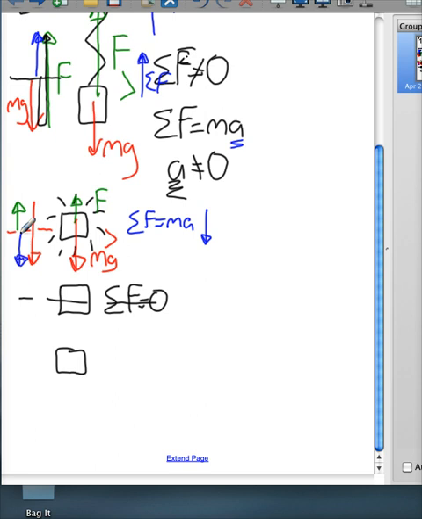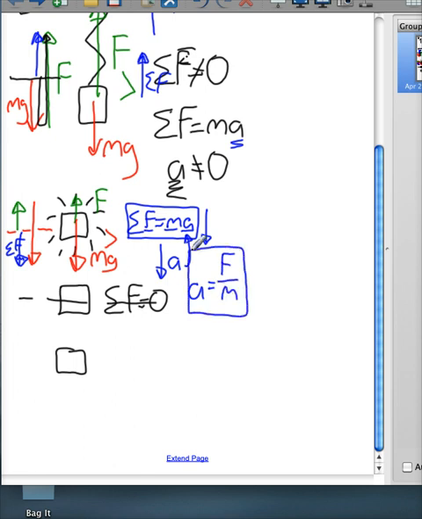Now don't get confused, this sum of the forces is equal to what we're talking about here. We end up with a downward acceleration at this point, okay? So the acceleration is downwards, and that's what it's equal to. The mass times the acceleration is the force, or putting it other ways, acceleration is force over mass, okay?